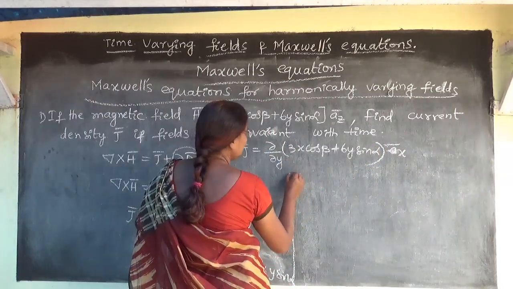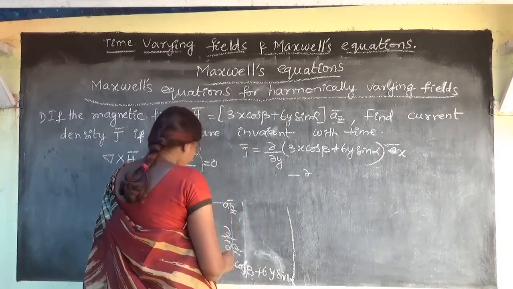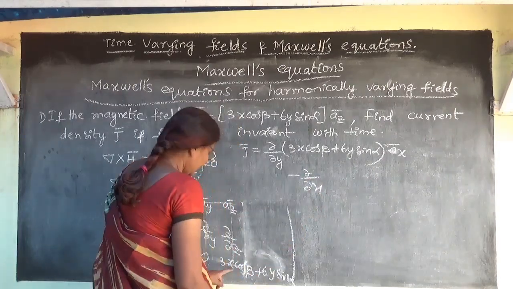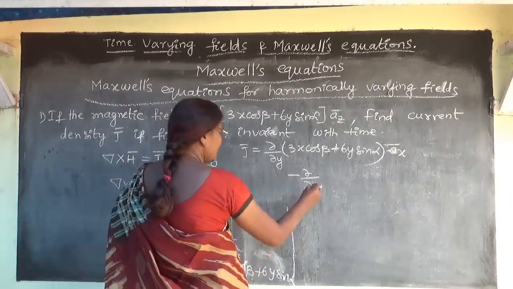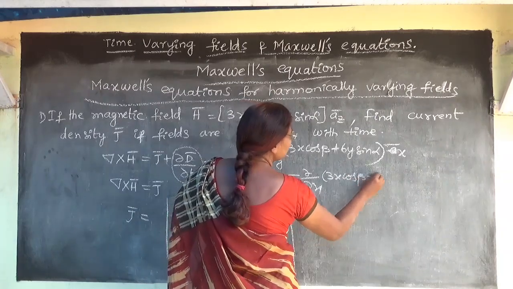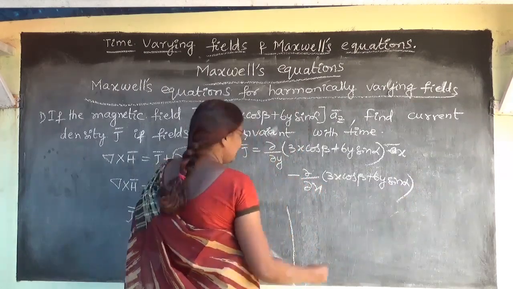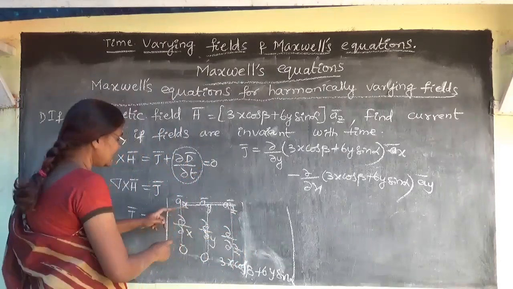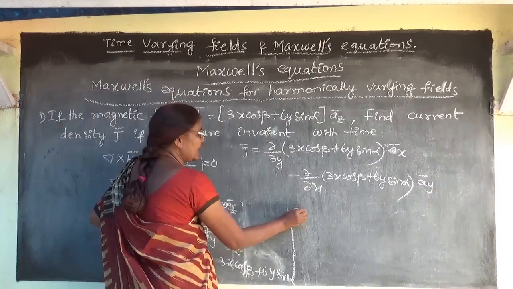Next, minus dou by dou x of the multiplication, that is dou by dou x of (3x cos beta plus 6y sin alpha), into a_y bar. Plus for a_z bar, this into this minus this into this gives 0, so we don't get any term there.